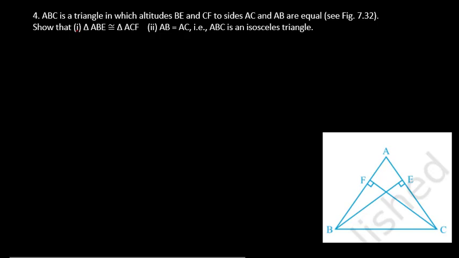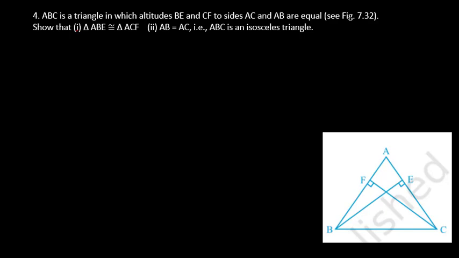ABC is a triangle in which altitudes BE and CF on sides AC and AB are equal. You have to show that triangle ABE and triangle ACF are congruent, and second, you have to show that AB equals AC, and that is how you show that triangle ABC is an isosceles triangle.